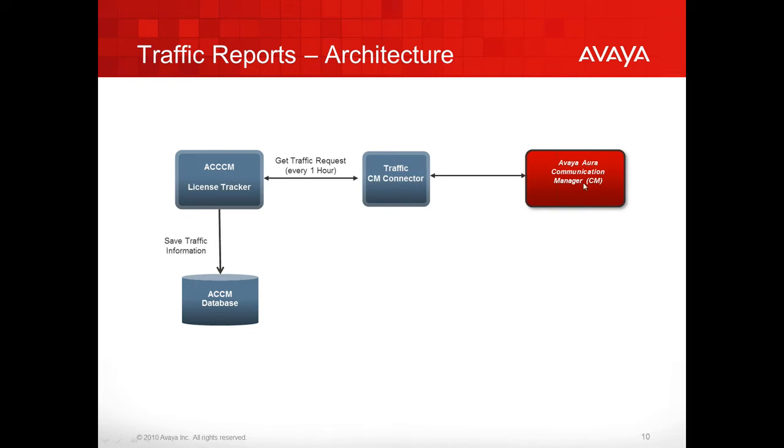The CM connector will then execute several commands, for example, list occupancy measurements or list trunk traffic with the relevant trunk number. It will then take the output, parse it, and the ACCCM license tracker will save this information into the ACCCM database under the relevant license tracker tables that we'll see later on today.